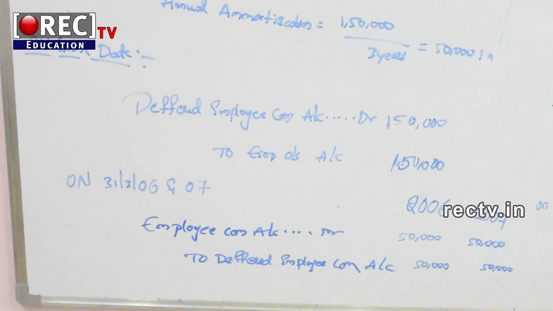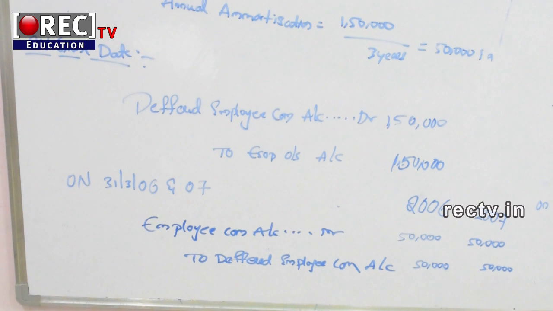This will be repeated in the next year also, that is 2007. After this, there is a lapse of 450 options in the third year. So the amortization in the first and second year will be the same, rupees 50,000. After that you should transfer the employee compensation account to the P&L account. So the entry will be P&L account debit to employee compensation account.